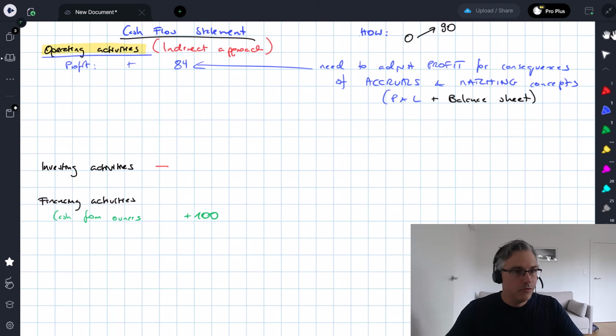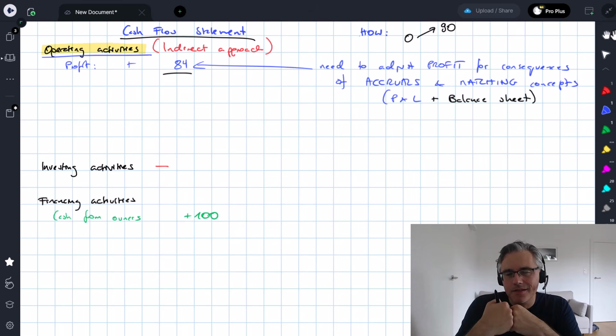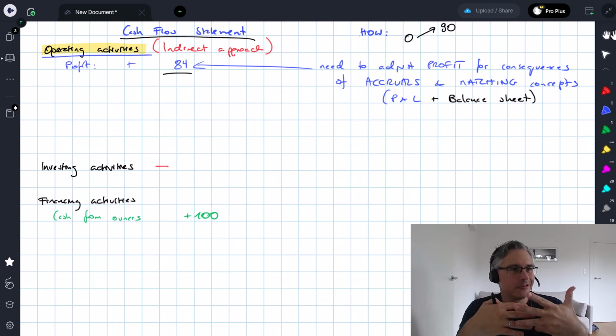Because those two reports are very much linked. Now, there is a very standardized set of adjustments that one makes to the profit in order to arrive at the cash that was actually generated from operating activities.